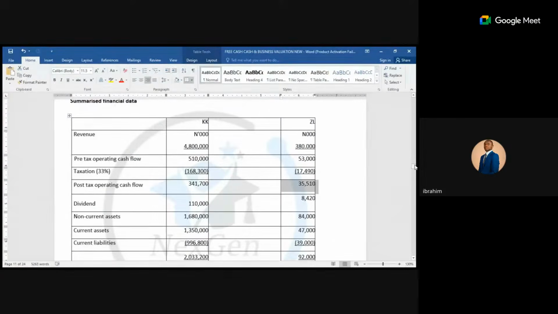So this is the post-tax operating cash flow, just like we say net cash flows after tax. You can see that in this question we don't have to add back this or subtract this, because they have given us the net operating cash flow of 35,510.